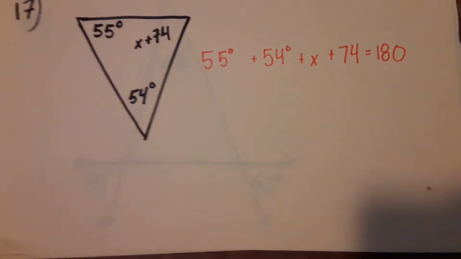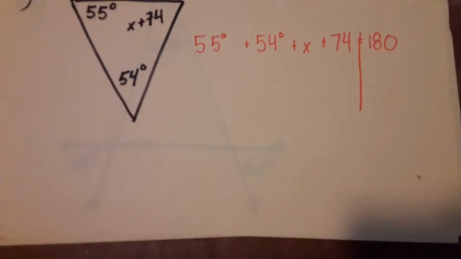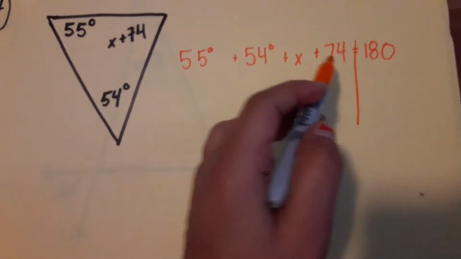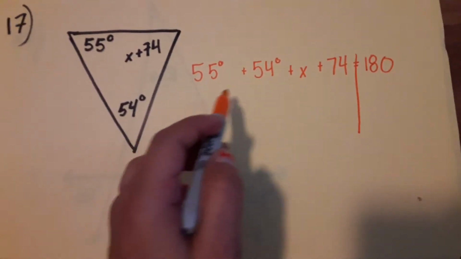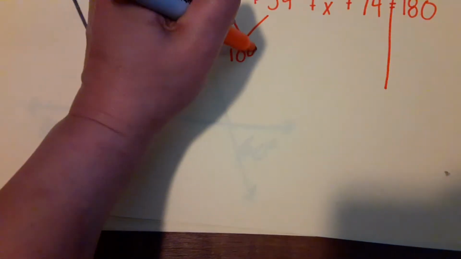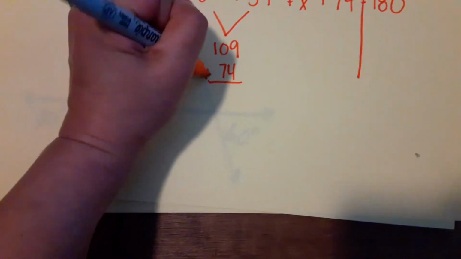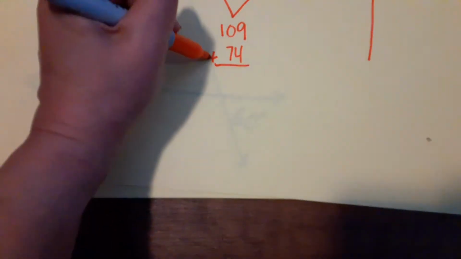At this point, I'm going to go ahead and solve it. So draw your line. And we'll start by combining like terms. So add up all your integers. 54 plus 55. What's that? 109. Plus 74. So I'll add 74 to it right here. I'll show my calculation and my setup.